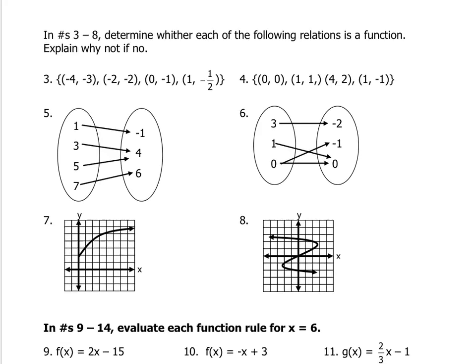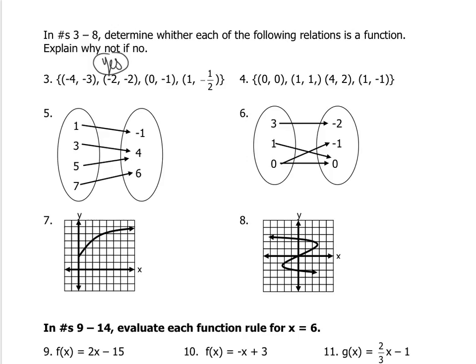So, if we look at number 3, we've got a -4 in the domain, a -2, a 0, and a 1. We never repeat a domain, so therefore the range is good to go. This is yes, a function, because none of the domain repeats itself, so I won't have any issues.